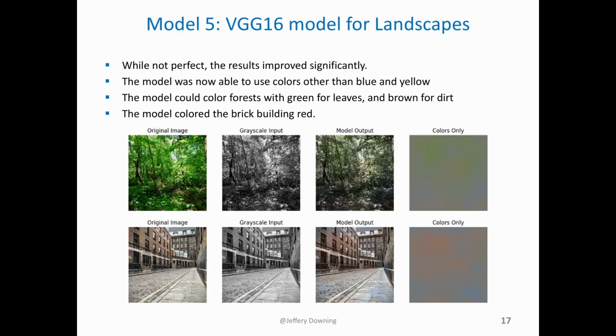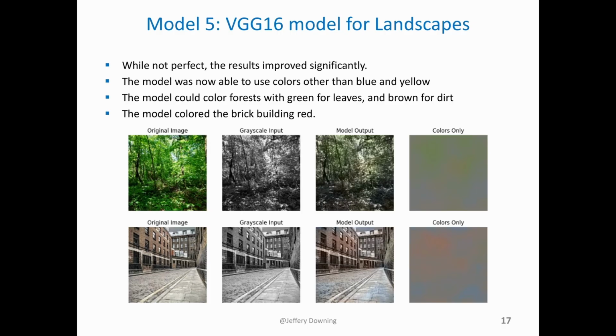And so you can see that the model was able to color in the forest using greens. It ended up painting the bottom of the image brown, but it probably assumed that that was just dirt. But overall, it's an acceptable colorization. The model does perform better on the second image with the brick building. It was able to start using some reds to fill that in, although it did end up spilling some blues on the road.